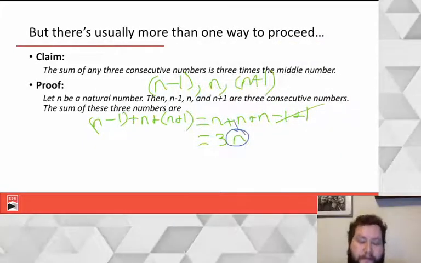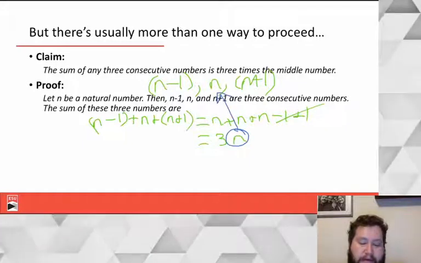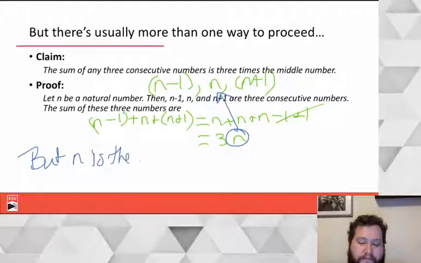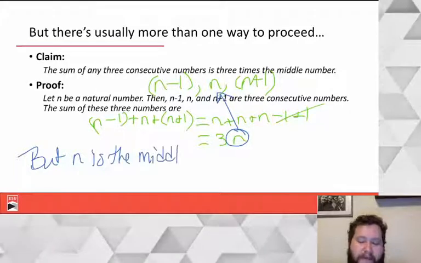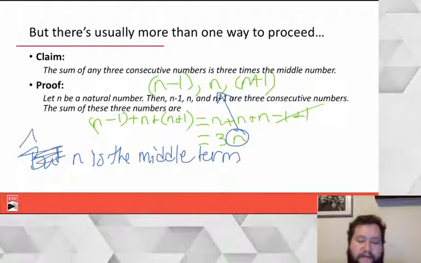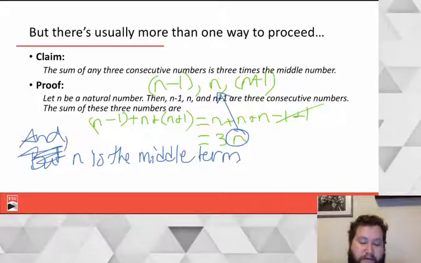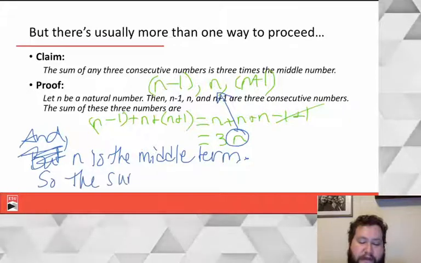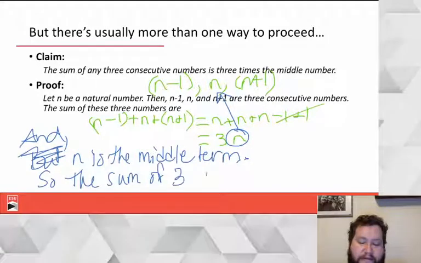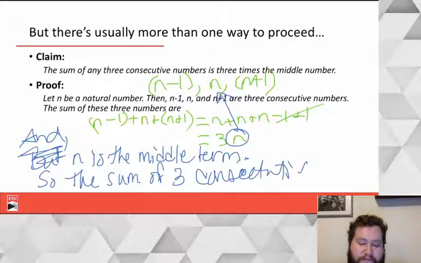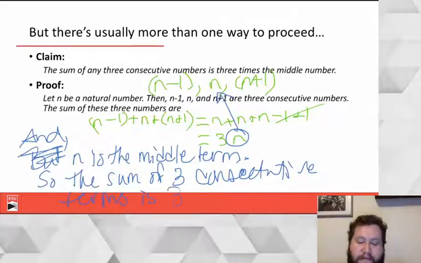It's our middle term. n is the middle term. So the sum of three consecutive terms is 3 times the middle.